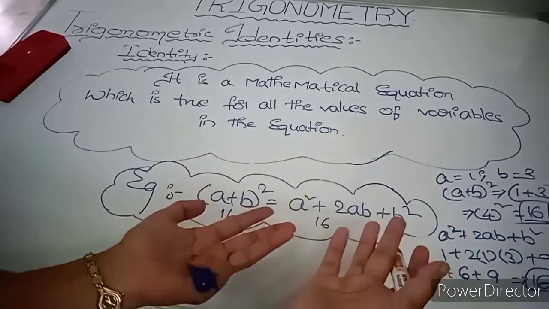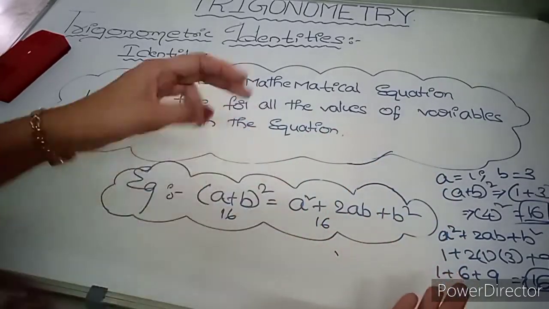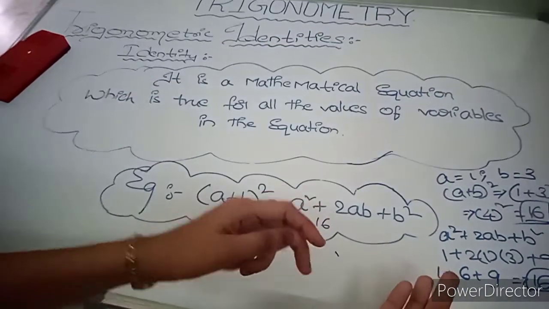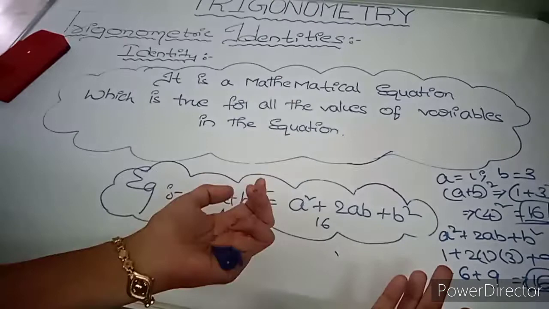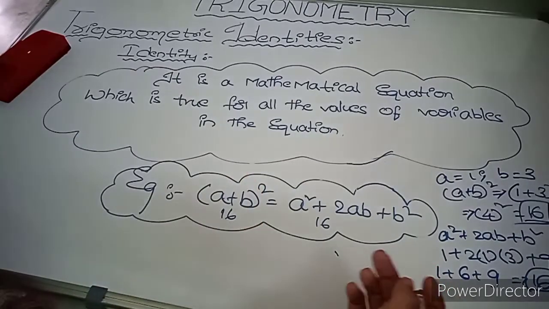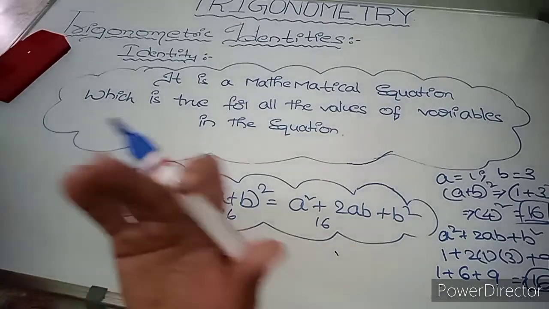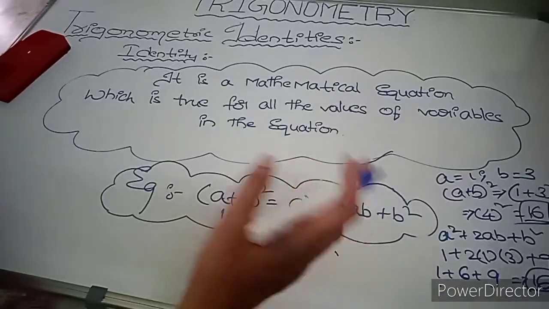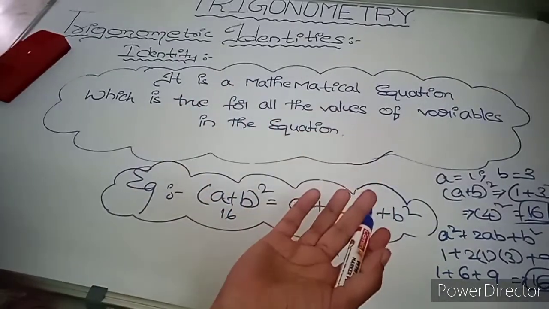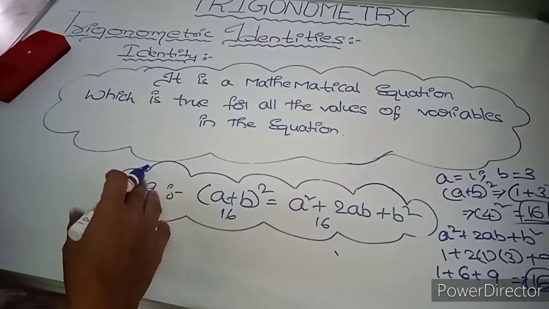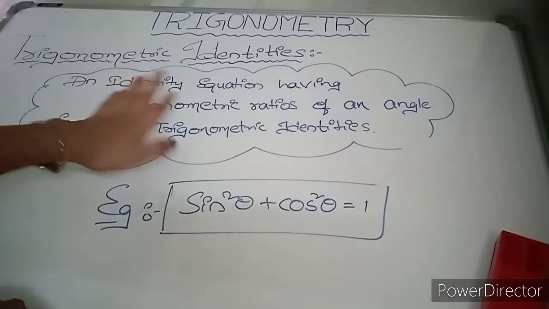Then what is a trigonometric identity? a plus b whole square is equal to a square plus b square plus 2ab is an identity. Trigonometric identity means if these identity equations have any trigonometric ratios of an angle, then it is known as a trigonometric identity.